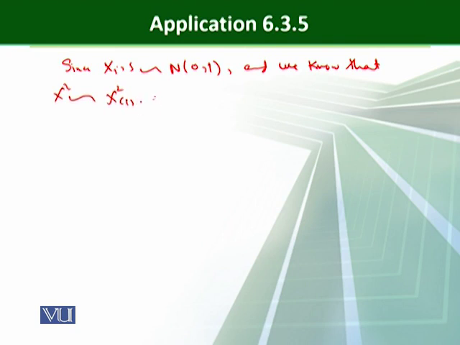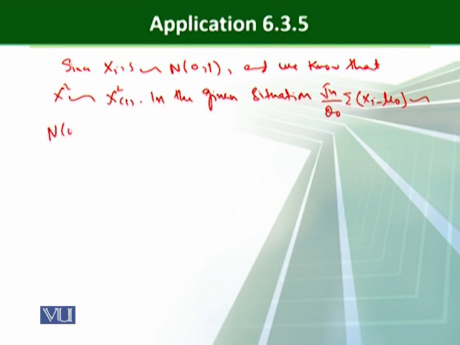So in the given situation, the quantity 1 over root of theta naught times the sum of (Xi minus mu naught) follows the standard normal as usual.